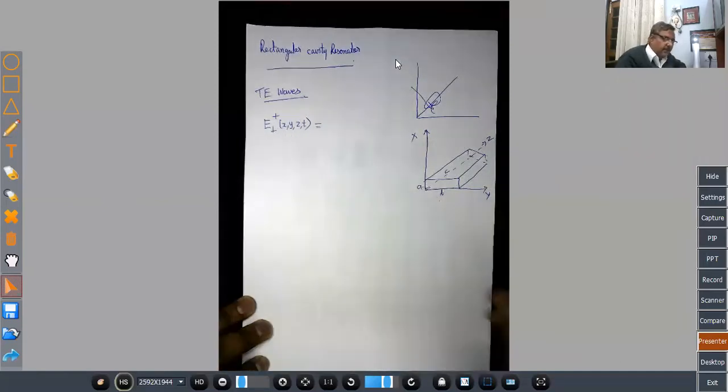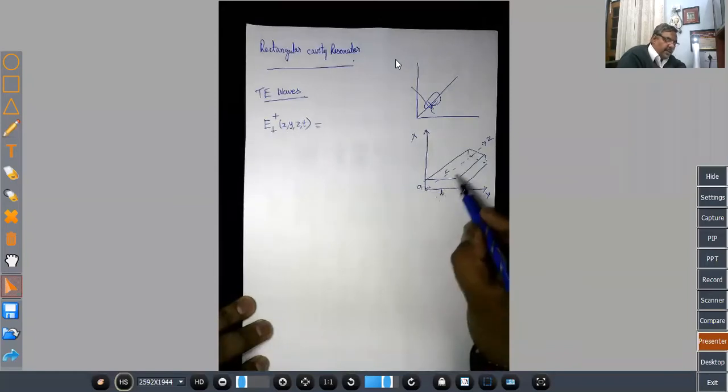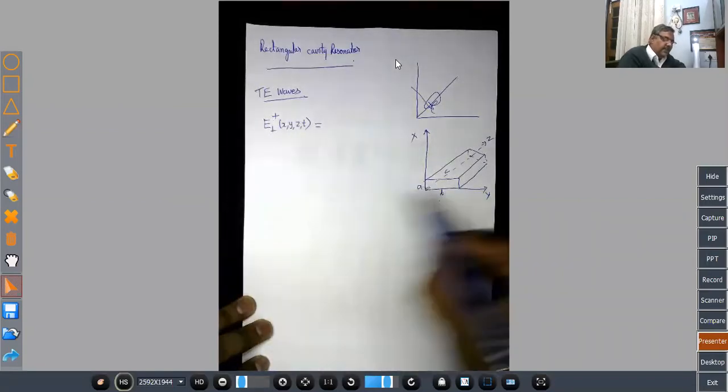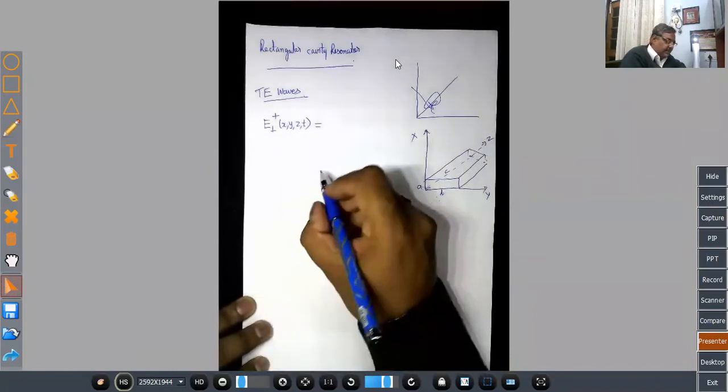Plus is for a wave moving in the positive z direction. As I said that the waves will go from this, it will be reflected, and then again it will go. So I am talking of a wave going in this direction. The wave reflected will have a negative sign here. So this wave is going in the positive z direction.